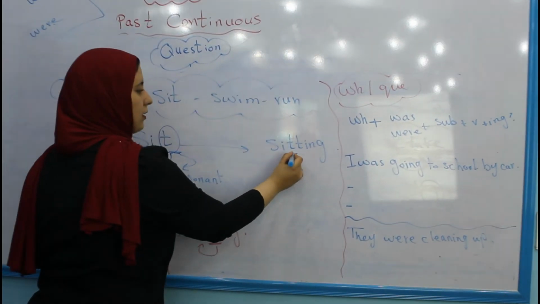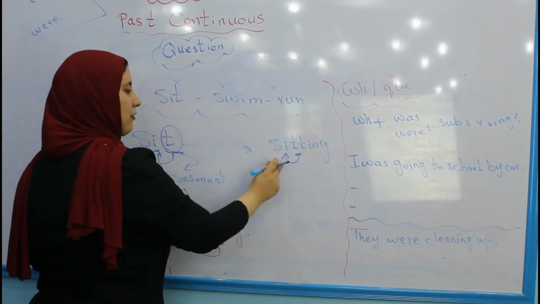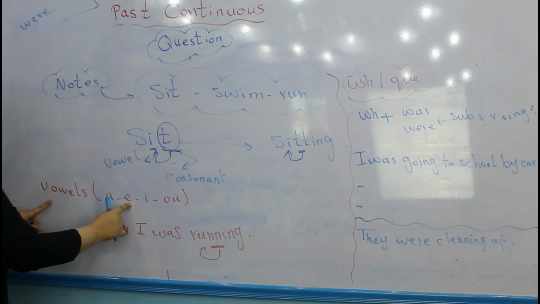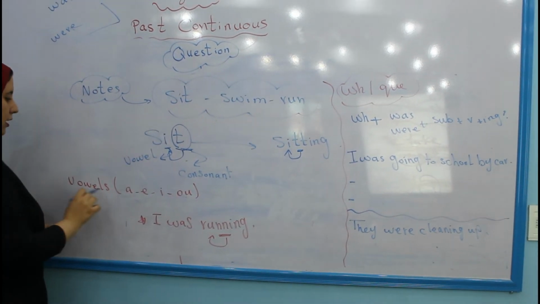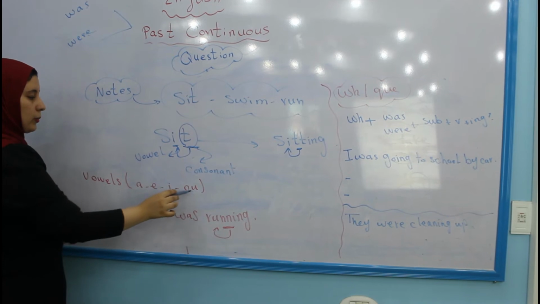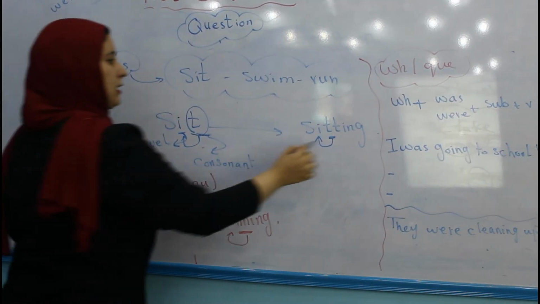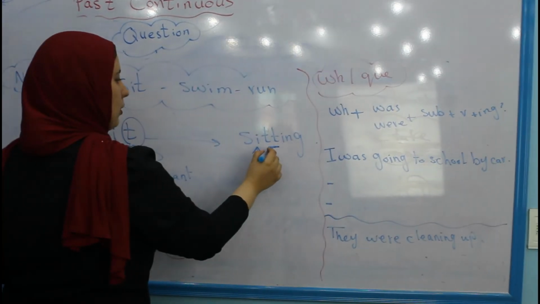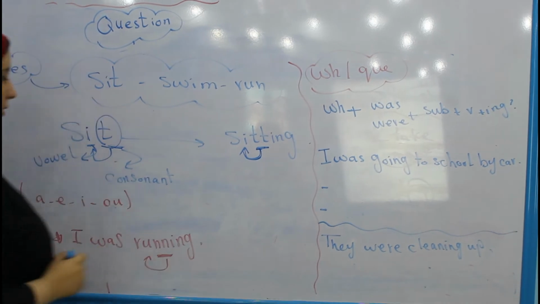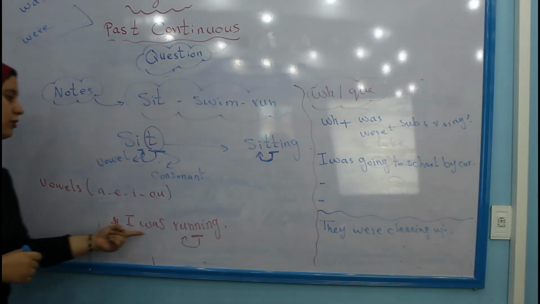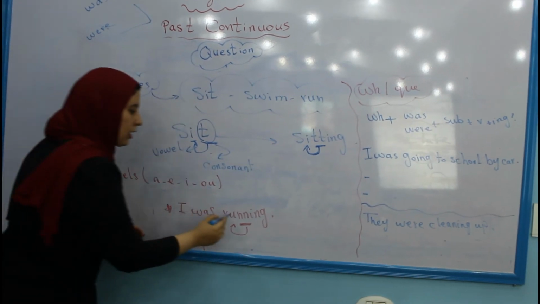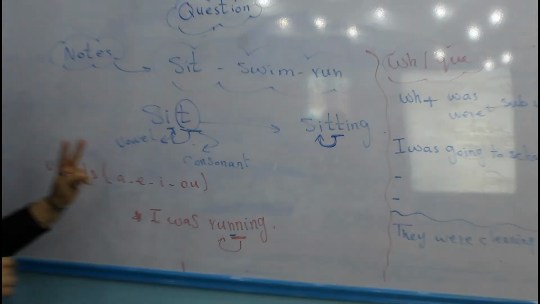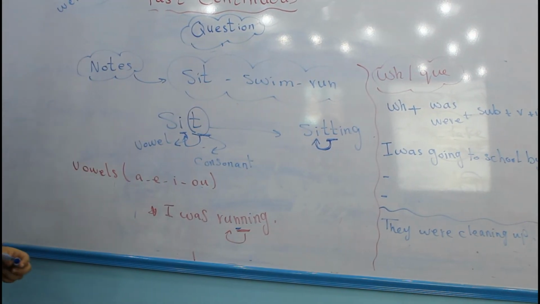Vowels are A, E, I, O, U. Sitting: here we double the letter T. Why? Because T is a consonant preceded by a vowel. For example, I was running. Here we have a consonant preceded by a vowel, so we double the letter N.